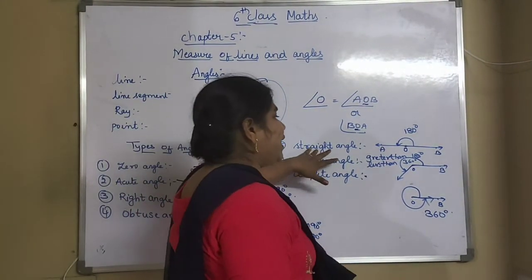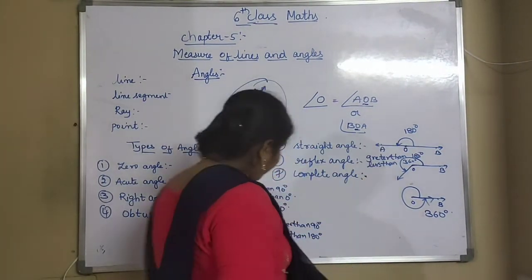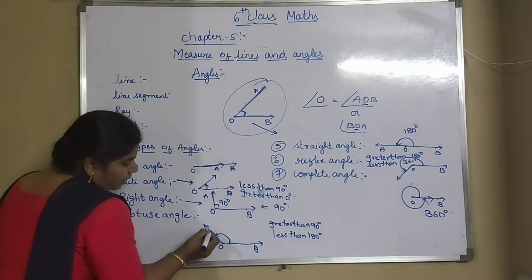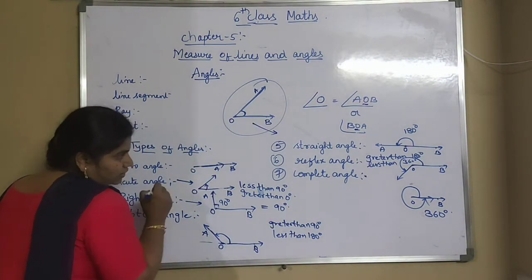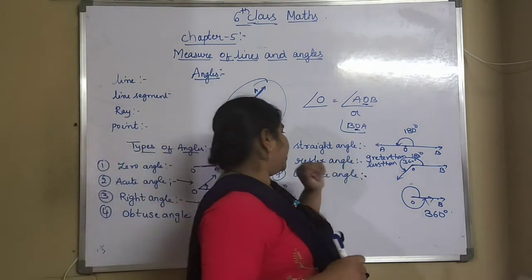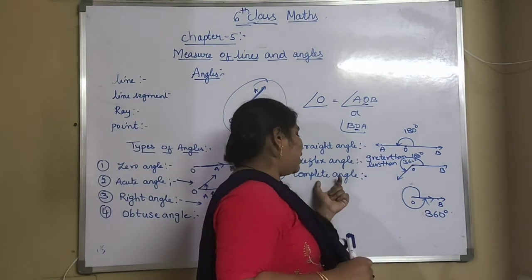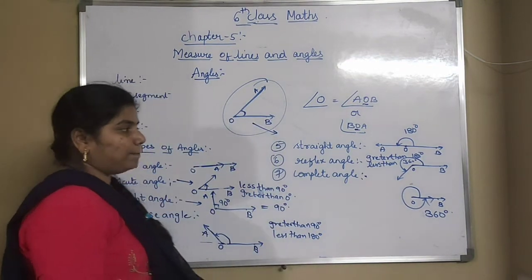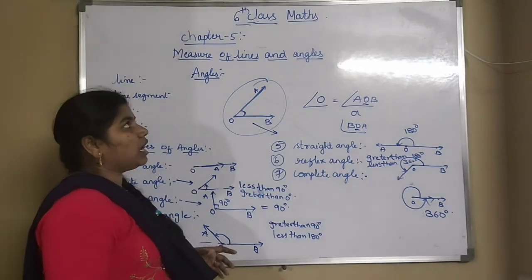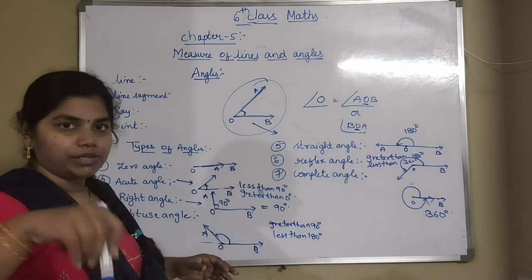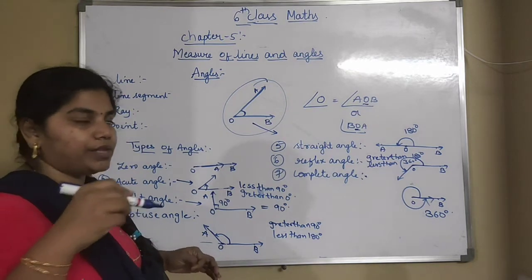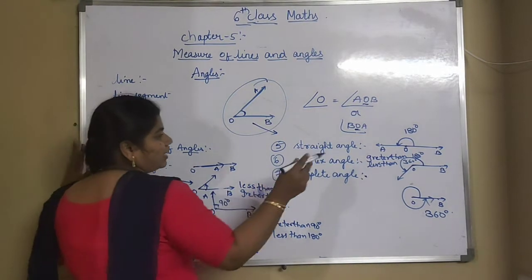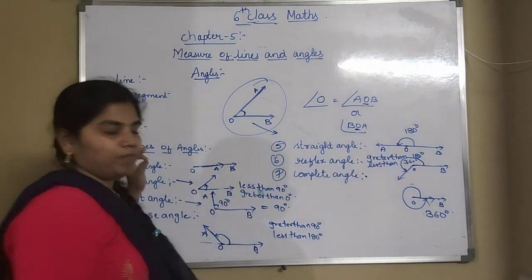Straight angle means it became straight now. From this, like this, this ray has become straight. So this is called a straight angle. This is a reflex angle, and complete angle means taking the full rotation. Just as clock hands rotate, in that way our angles will also form the degrees here.